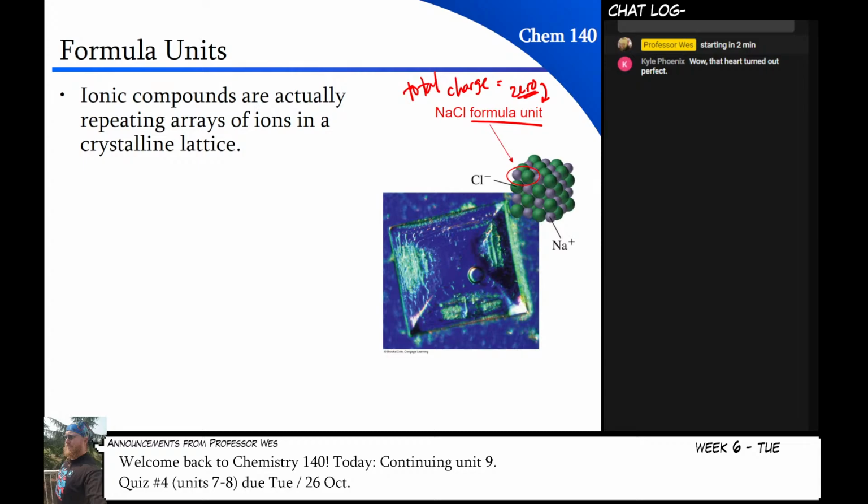In other words, if we can make a formula unit with charge 0 and just paste it over and over and over and over again, we can create the ionic lattice, which is what we observe.